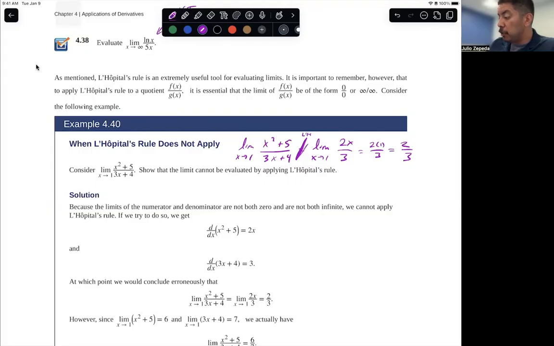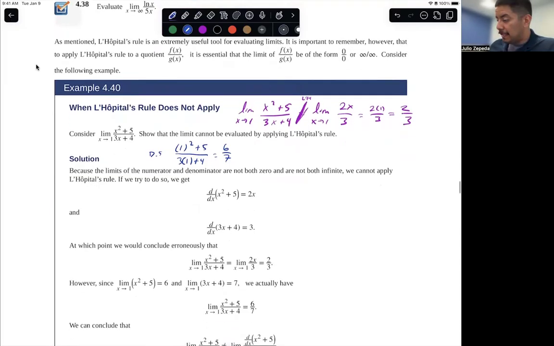because we should check first by doing direct substitution. Direct substitution shows us that after plugging in 1, we get 1 squared plus 5 divided by 3 times 1 plus 4, which is 6 over 7. And so that's the answer. We were able to solve the problem just by using substitution.